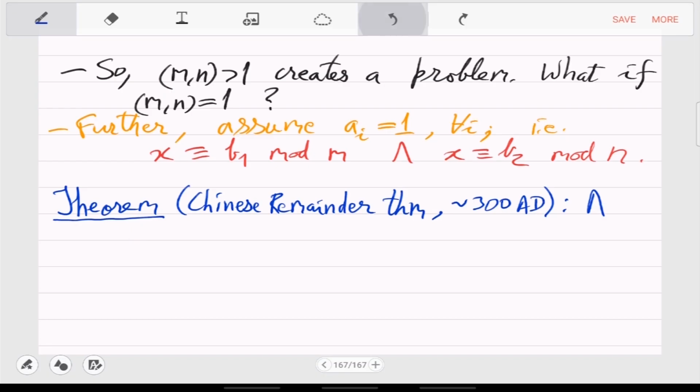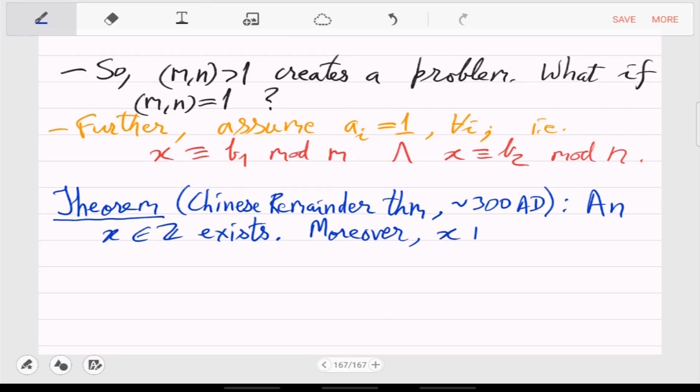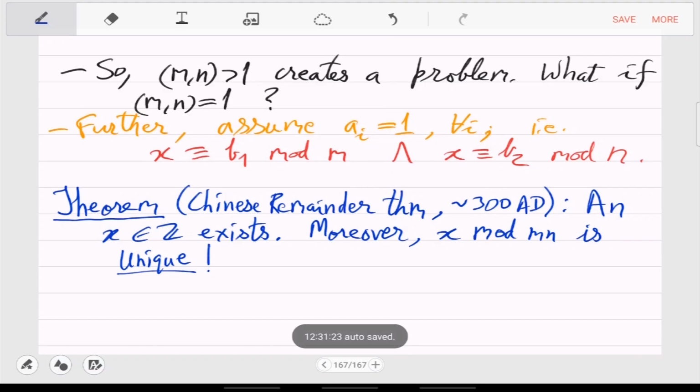Or let me say like this. So an x exists, moreover x mod mn is unique. Okay, so remember that m and n, we should see that maybe here, m and n are co-prime.